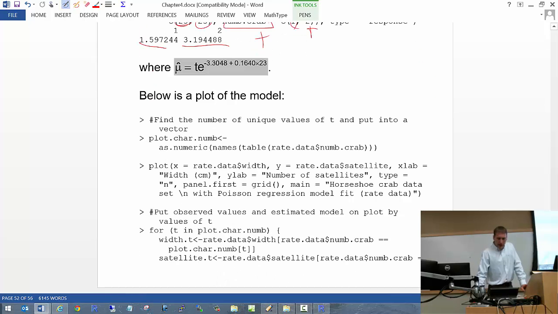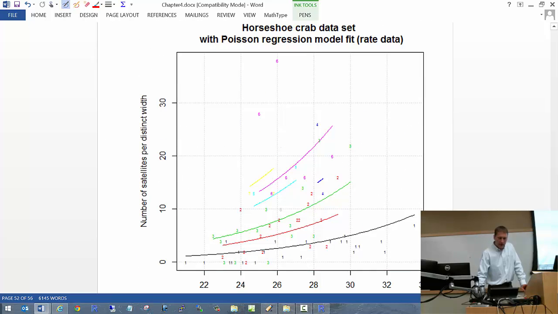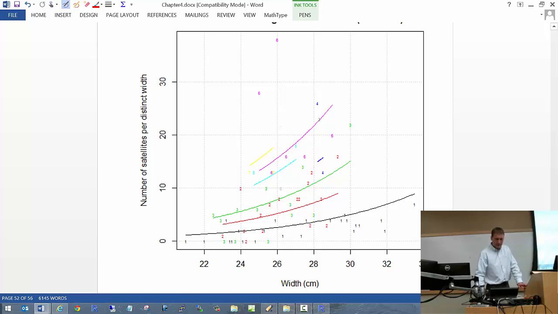Well, how about we look at a graph of the model? So I'm going to actually skip ahead to the actual graph itself. Now this can be a little bit more difficult to look at a graph of the model because you have to take into account t. And so on the x-axis I have width. My y-axis I have the number of satellites per distinct width.